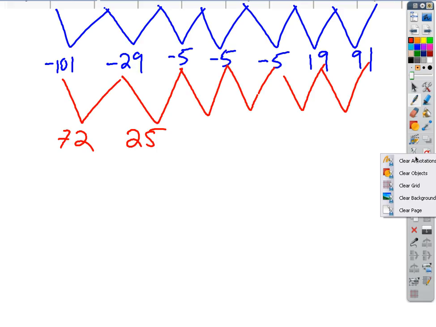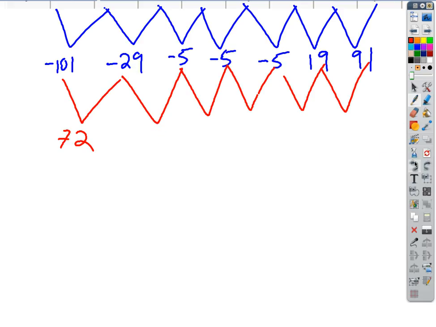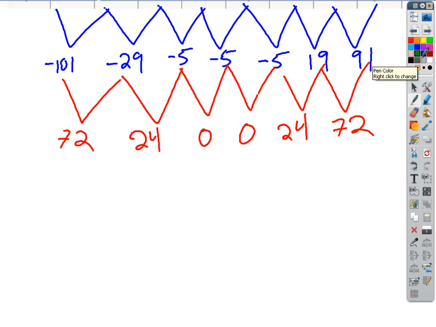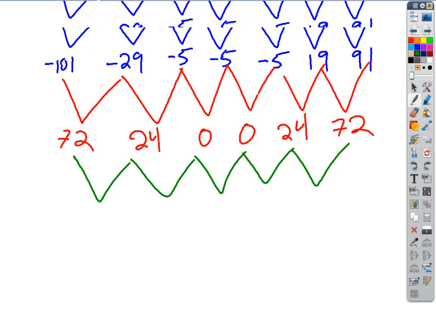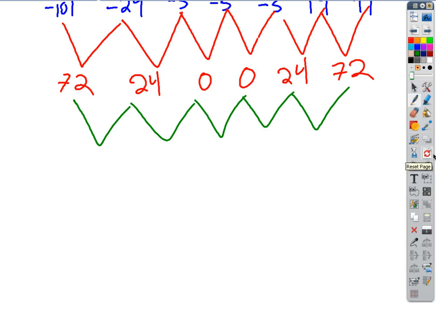Yeah, now it's starting to look a little symmetrical, isn't it? So I bet you we're about there. 24 minus 72, what is that? Minus 48? And then finally we got it, didn't we? So we got it, right?